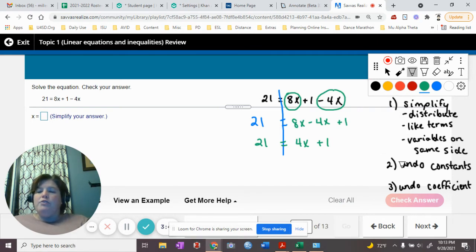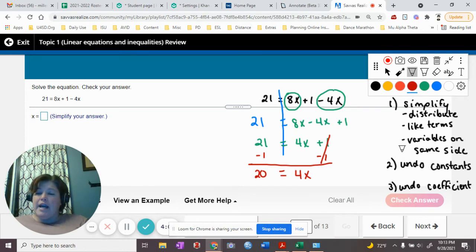Let's move on to undo the constants. My constant here is the number 1. I'm adding 1 currently, so I undo that by subtracting 1. So 21 minus 1 is 20, and then that equals my 4x.